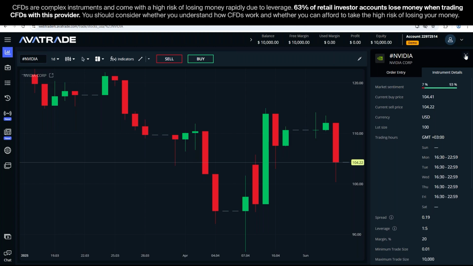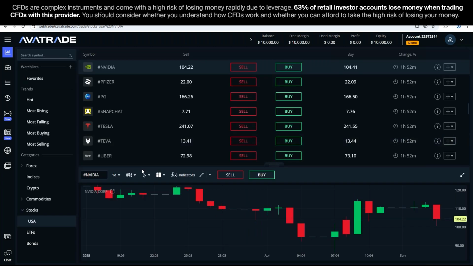So depending on my availability and when the instruments are available to trade, if you see candles like this, that means the weekend. On top of that, there are holidays, bank holidays, when the market is not open.